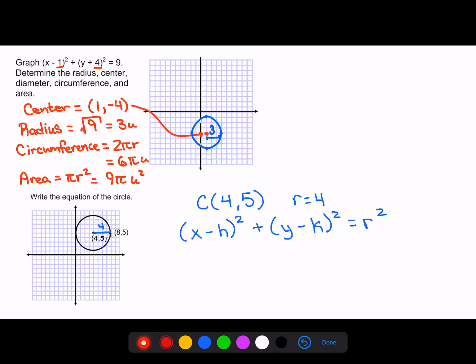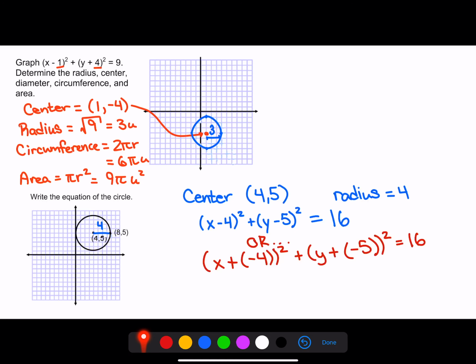So from here, we have (x minus 4) squared plus (y minus 5) squared equals, well, our radius is 4, so that gives us 4 squared, which is 16. Now again, I got this 4 and this 5 from h, k, our center. So that's where they come from. And we're done. This is the equation of the circle shown.